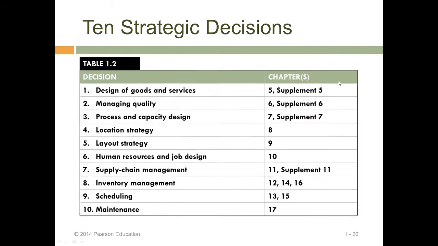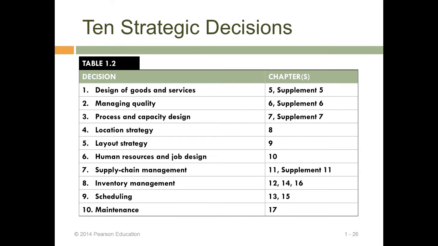There are 10 strategic decisions that operations management is involved with: designing goods and services, managing quality, process and capacity design and strategy, location strategy, layout strategy, which is how we organize ourselves within a location, human resources and job design, supply chain management, inventory management, scheduling, and maintenance.